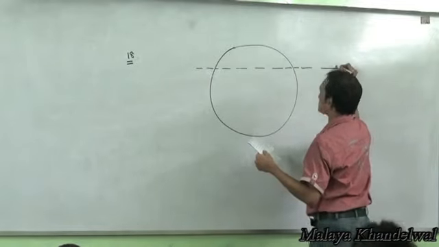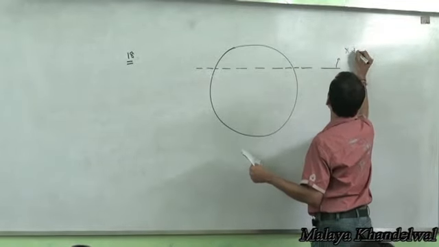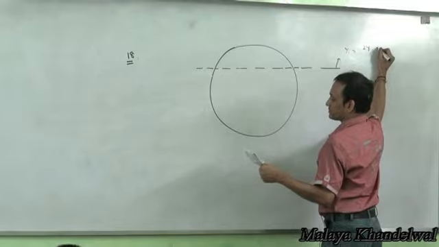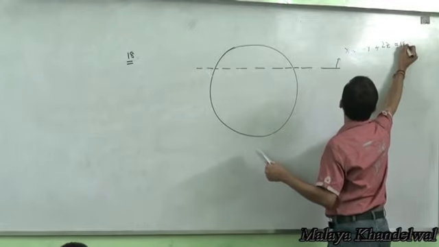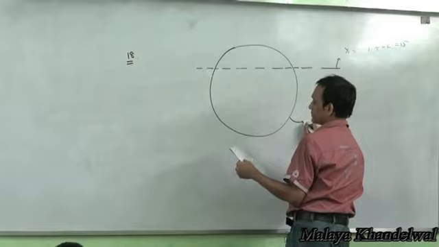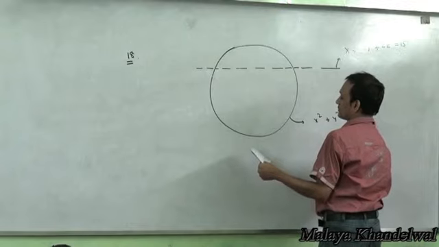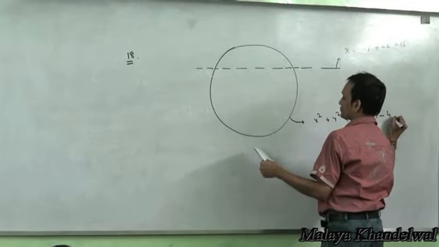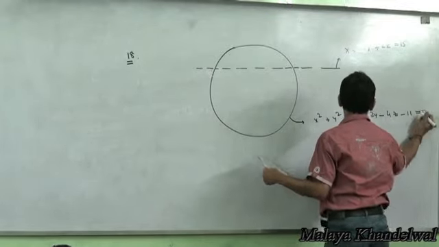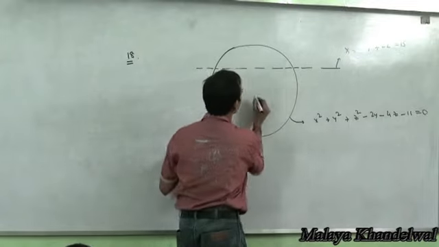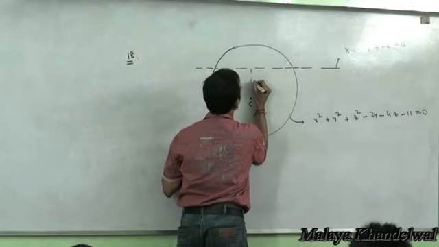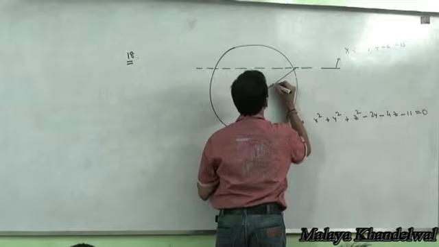This plane is x plus 2y plus 2z equal to 15, and the sphere is x squared plus y squared plus z squared minus 2y minus 4z minus 11 equal to 0. The sphere has a center and a radius r.